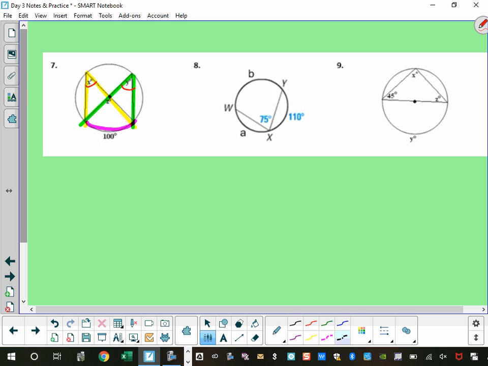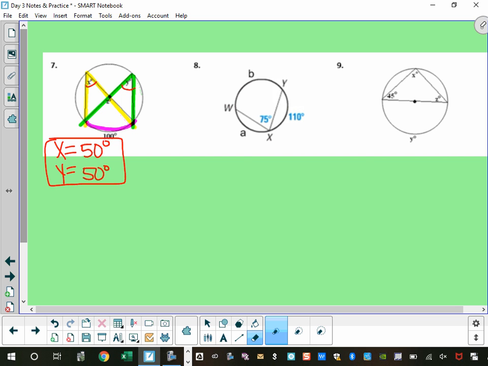If my arc is 100, how can I find my angle? Divided by 2. So what is x and y? You should get 50 degrees for both. Z would be 100. Thank you.